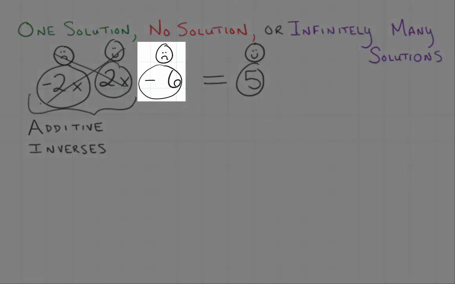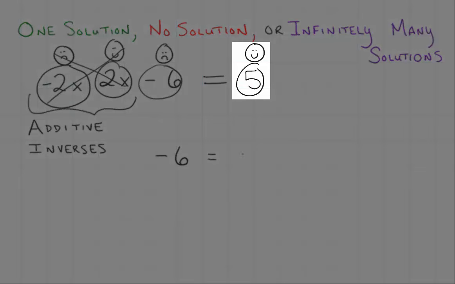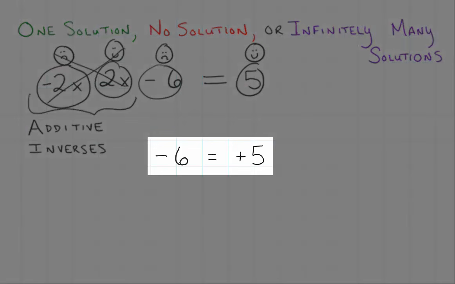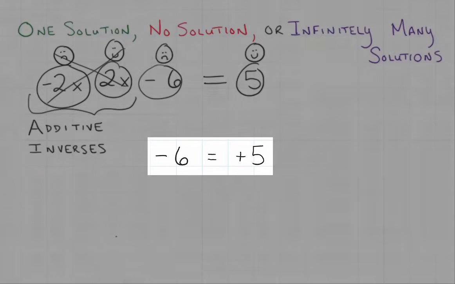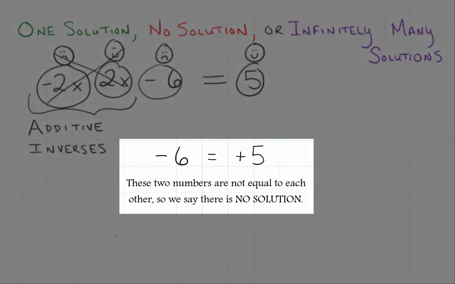So take a look at what's still left in our equation. On the left side, we have a negative 6. On the right side, we have a positive 5. And the question we have to ask ourselves is, are these two numbers equal to each other? Which means, are they the same thing? And the answer to that is no, negative 6 is not positive 5.